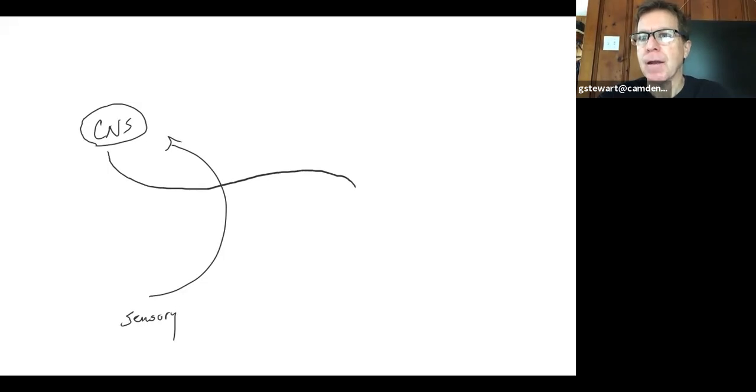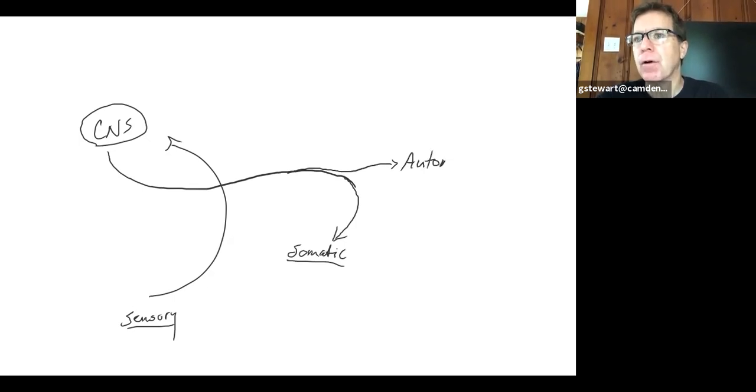And that motor efferent system can be divided into the voluntary somatic division that innervates voluntary skeletal muscles, or that motor efferent division can also be subdivided down to the autonomic, which is where we are at the end of this.